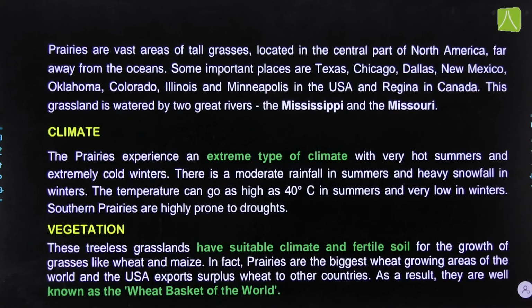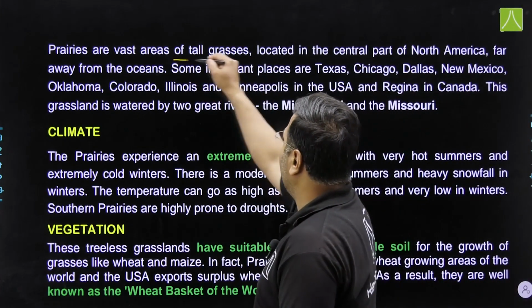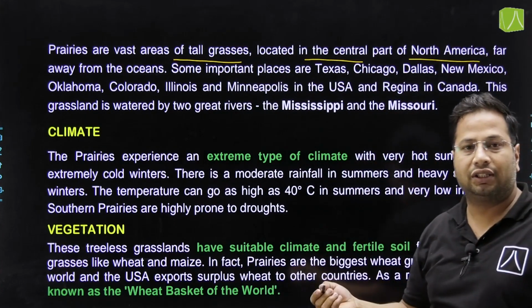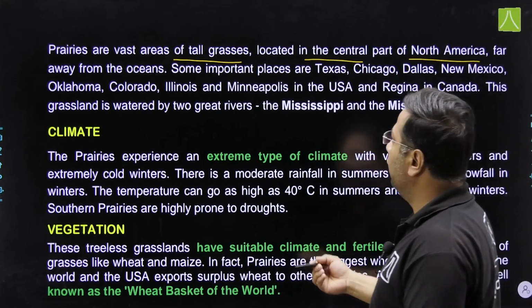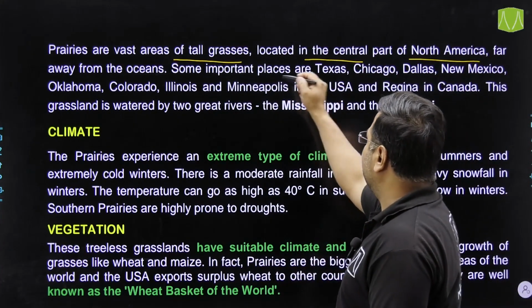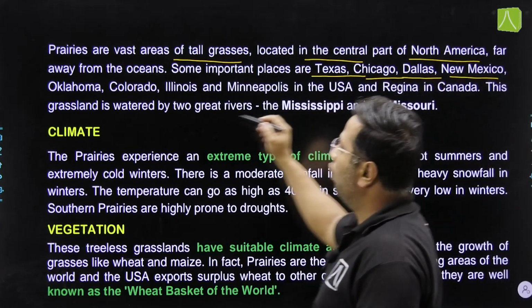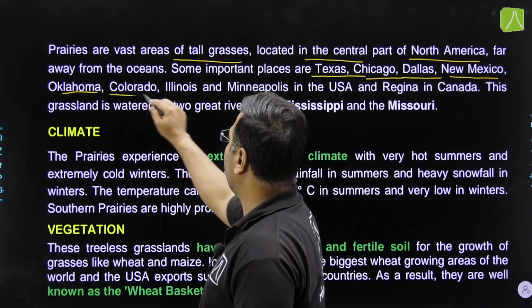Then we have prairies, which are vast areas of tall grasses located in the central part of North America. We have already discussed that it is part of North America, and it has important places like Texas, Chicago, Dallas, New Mexico, Oklahoma, Colorado.